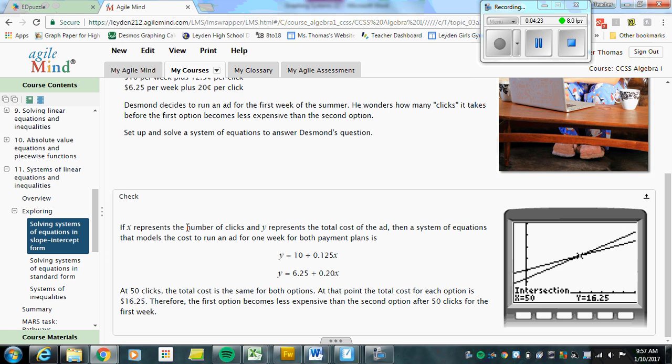X represents the number of clicks, and y represents the total cost. So now write the two equations. y equals 10 plus 0.125x. y equals 6.25 plus 0.2x.